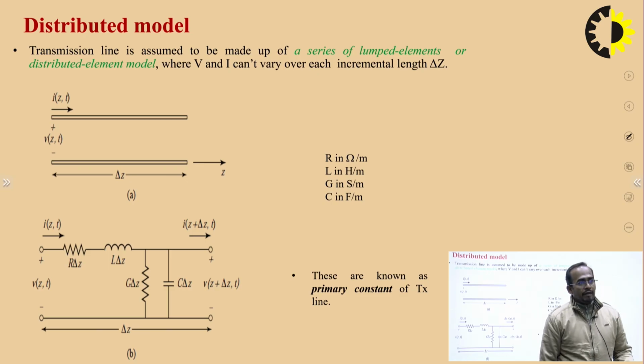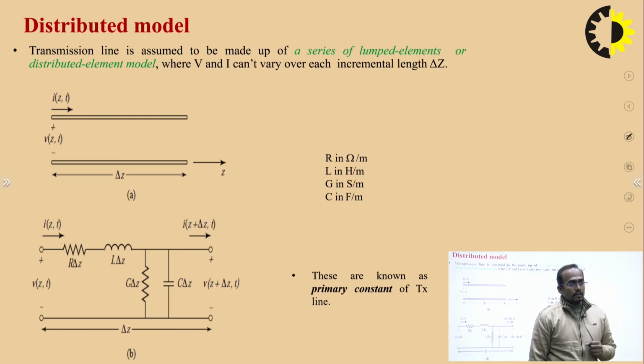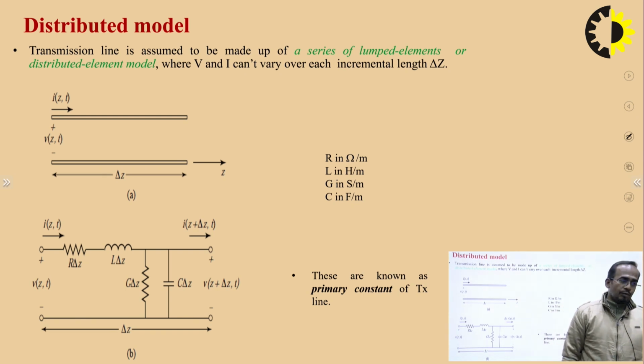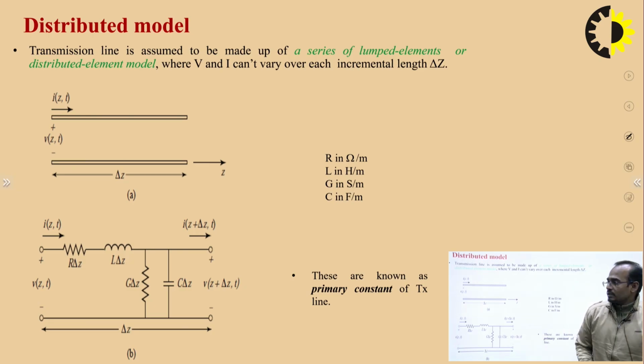You can see here we have assumed a series of lumped elements or distributed elements, where voltage and current can vary over each incremental length. So here the input is V(z,t), and at a small increment delta z, I have considered that the voltage and current are V(z+delta z,t).